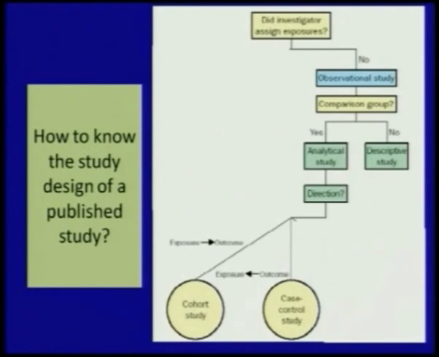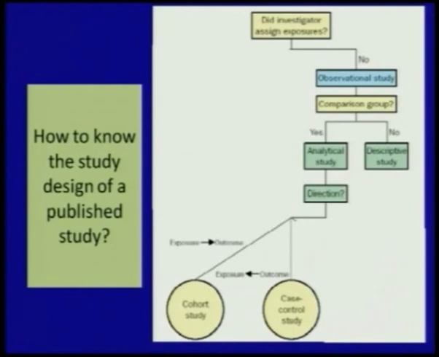Just see whether the investigator has assigned any exposures. If he has not assigned an exposure, it is an observational study. And in this observational study, check whether he has a comparison group or not. If there is no comparison group, it is a descriptive qualitative study. If he has a comparison group, then you see where exactly the researcher has started.